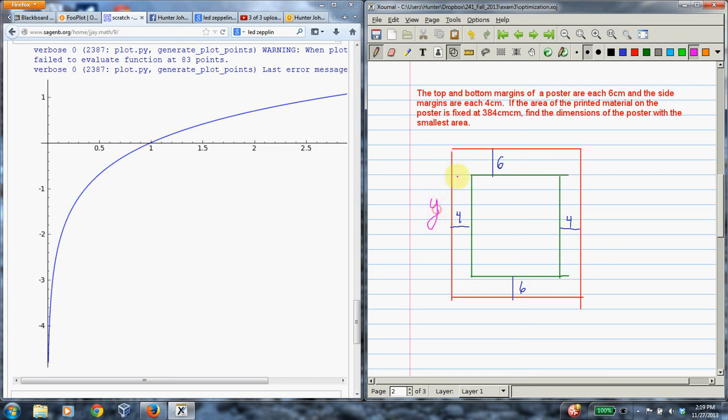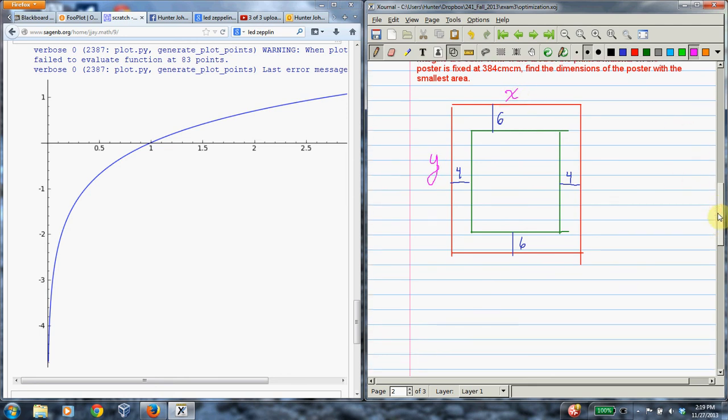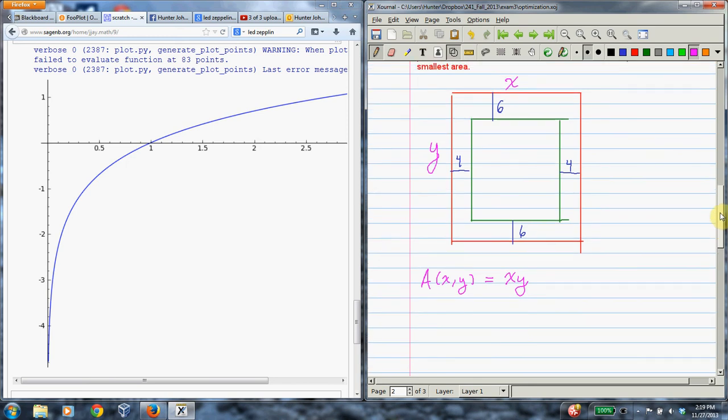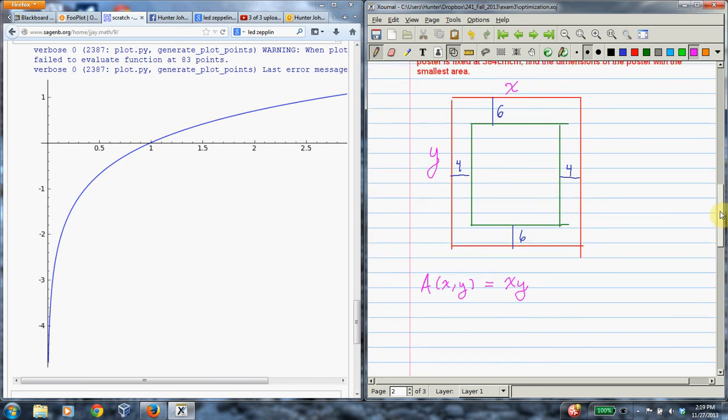Let's call this side y because it's vertical and this side x. One nice thing about the whole objective function and constraint equation approach is it really lets you think less, because now I can just dumbly say the thing that I want to optimize is the area of the poster, which is x times y. And then I worry later about the constraint equation.